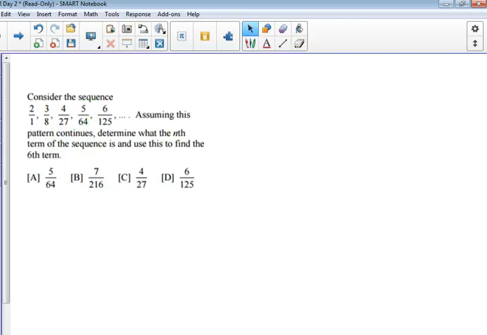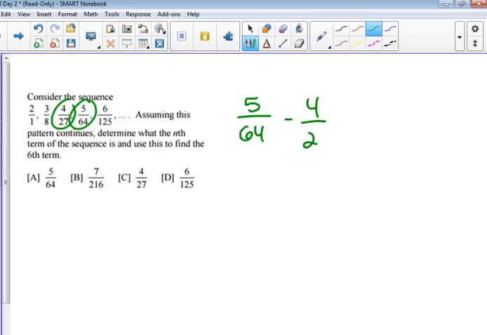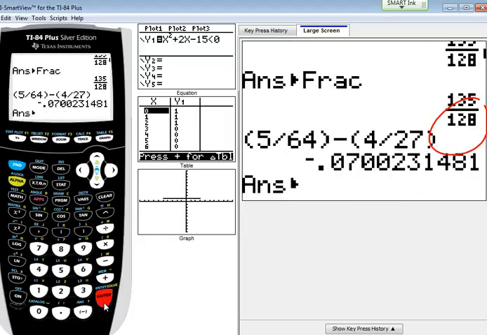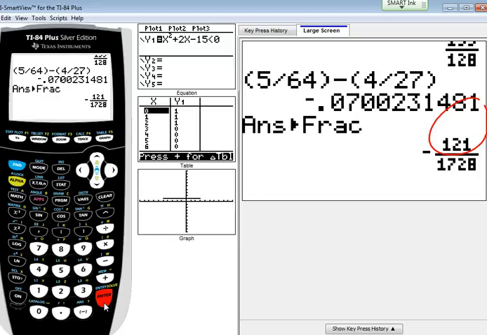Now, for arithmetic, let's see if we can figure that out. How could you figure out what you're adding? What would you have to do between the two terms? Subtract, good. So let's do the same thing, but see if we can figure out the difference. If I took 5 over 64 minus 4 over 27, oh gosh, I don't know if this will work either.